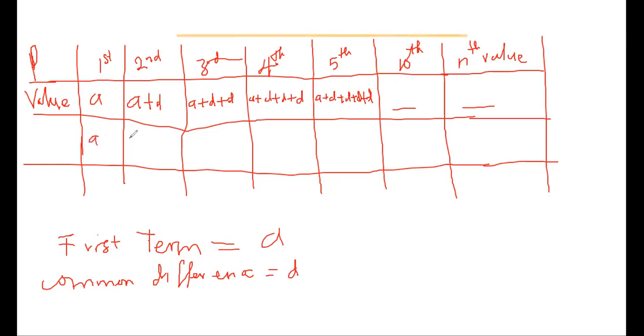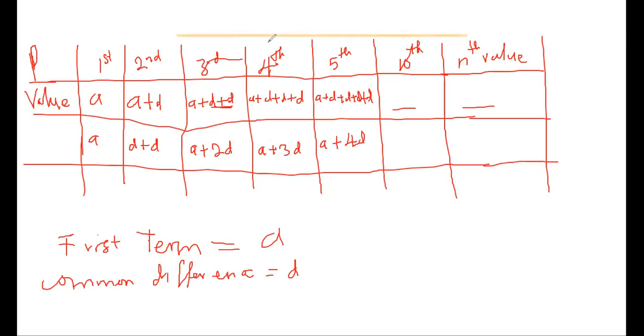So this is A plus D. These will now become two D's, so A plus 2D. What will it be here? A plus 3D. Then here, A plus 4D.